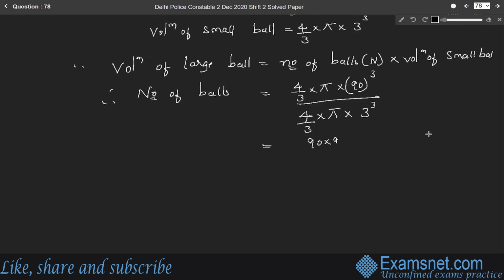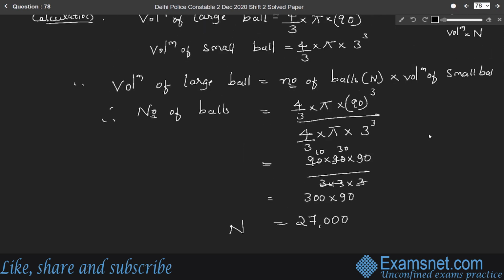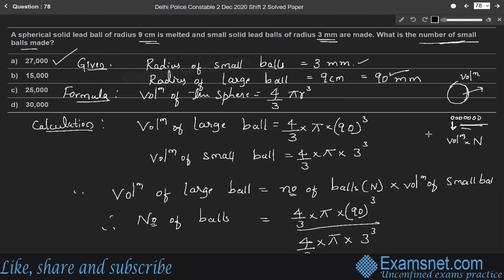So 90 into 90 into 90 by 3 into 3 into 3. So 3 into 3, 9. 9 into 10 is 90. Whereas 3 into 30 is 90. So here 300 into 90, which is equal to 27,000. Therefore, number of balls n is equal to 27,000. There are 27,000 small balls prepared. Therefore, the answer is option A.